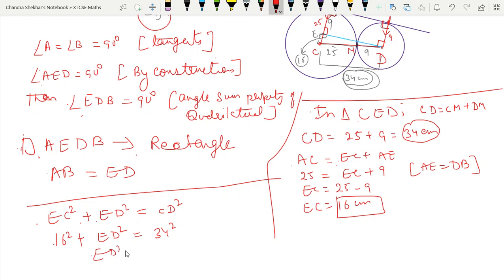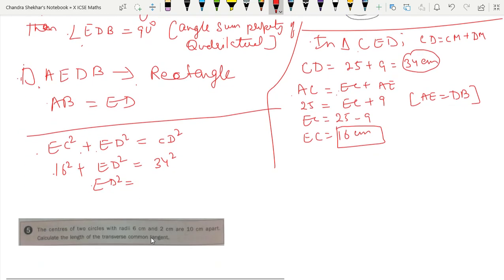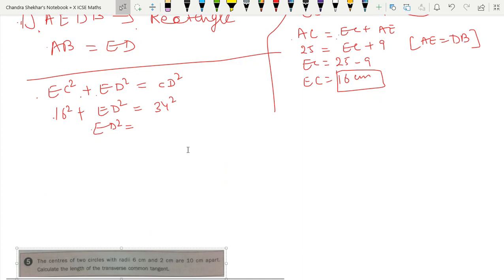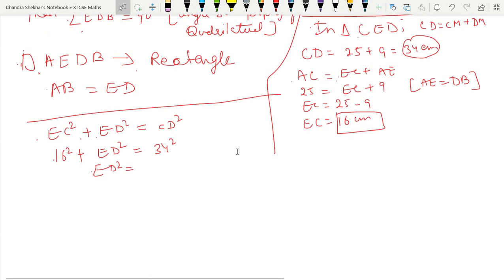So ED square is equal to 34 square minus 16 square.